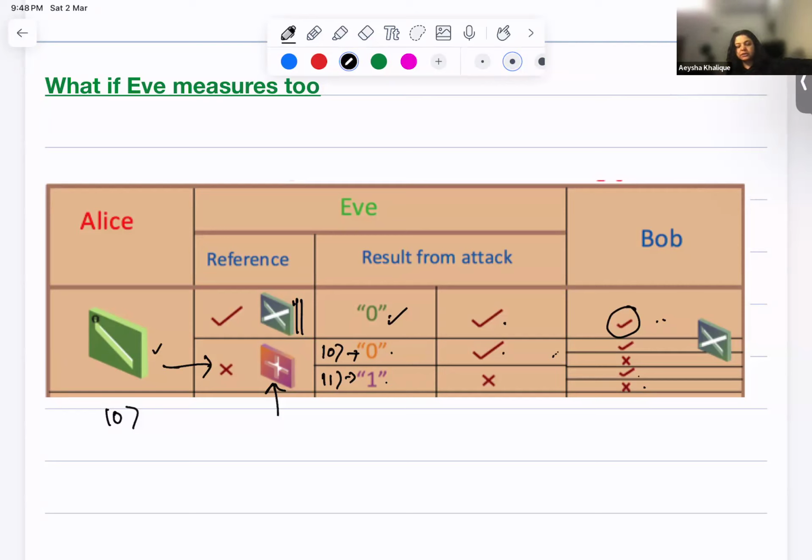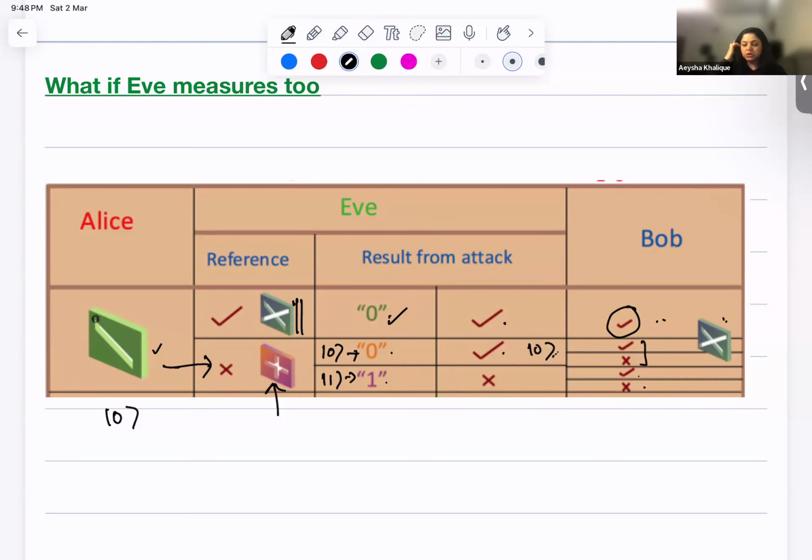Bob, on the other hand, uses the same basis as Alice, but his basis choice does not match Eve's. Now his reference point is Eve, not Alice. Since his basis choice does not match Eve's, the state prepared was 0 in this state, and he has the plus-minus basis, right?